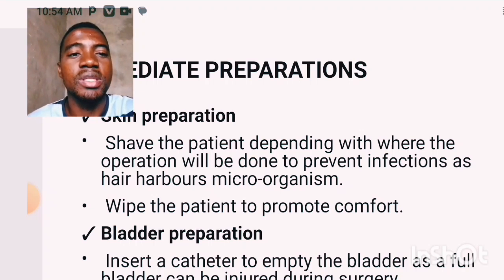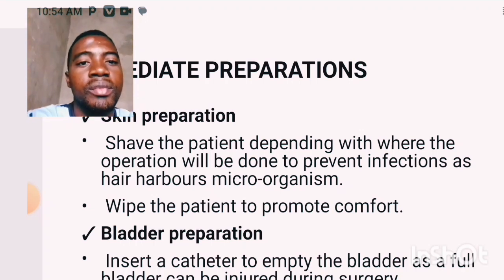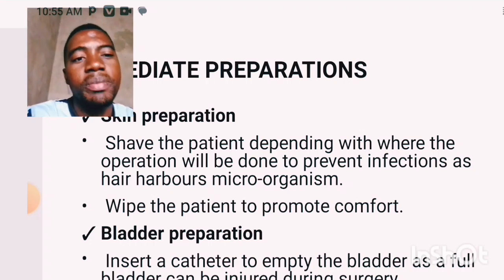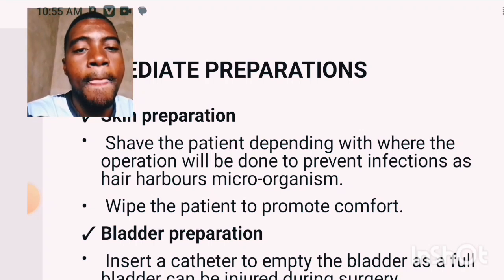If this patient is diagnosed with, for example, intestinal obstruction, obviously we're going to shave the abdomen, as the hair harbors microorganisms. Then wipe the patient to promote comfort. So I will wipe the patient to promote comfort. Don't bath. It's emergency preoperative care. Don't bath the patient but wipe.